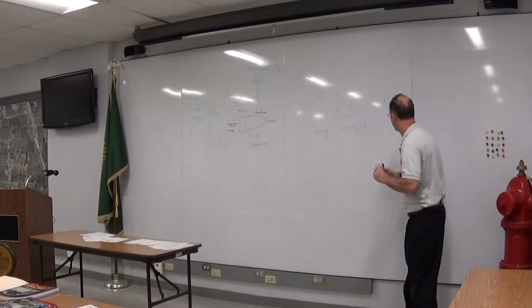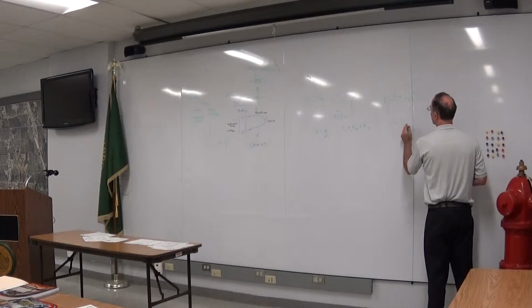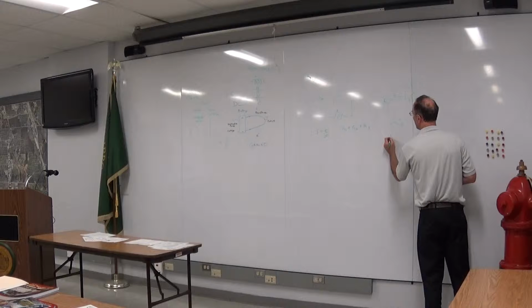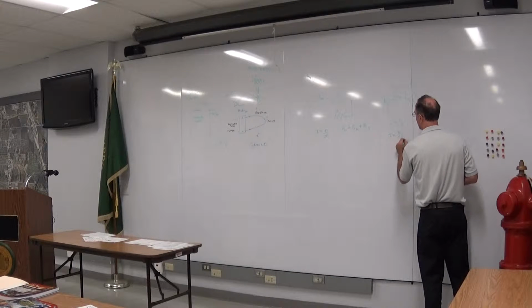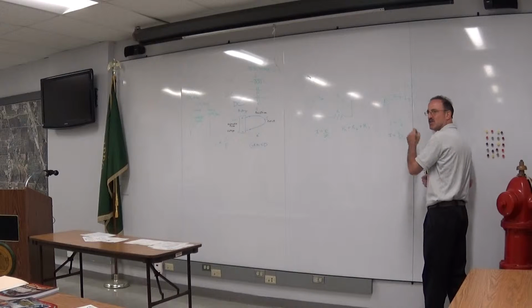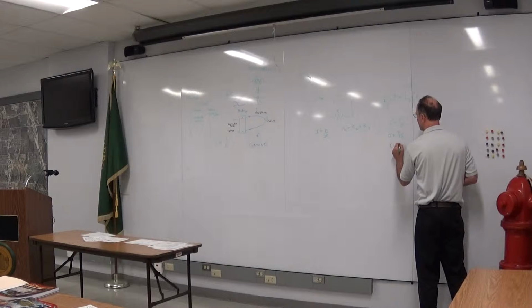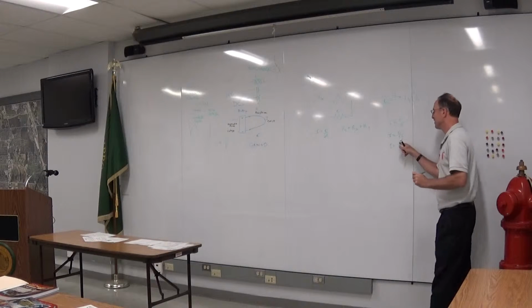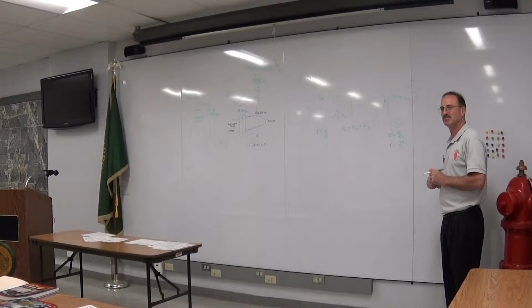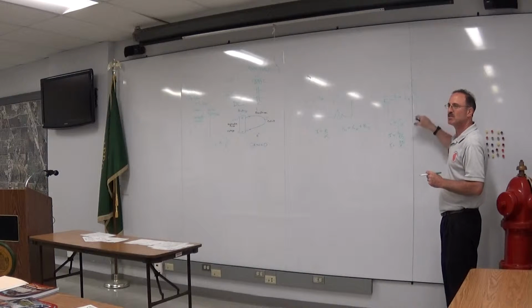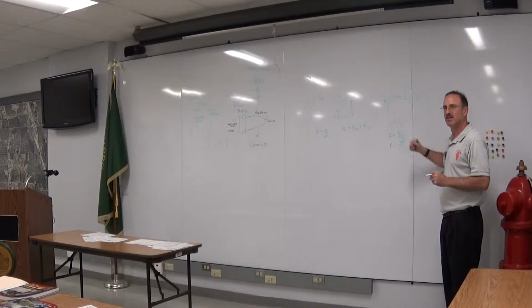It's half. Okay, so it's now R over 2. What does that do to the current? Doubles. We're halving the resistance, doubling the current.